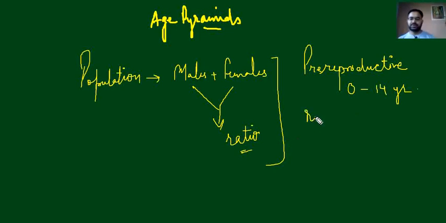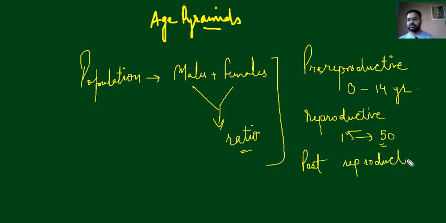Then comes the reproductive category, and this category includes people starting from 15 to around 50, and the last one is the post-reproductive category, in which the people above 50 are considered. So basically these three types of individuals are what we are going to focus on while studying the age pyramids.